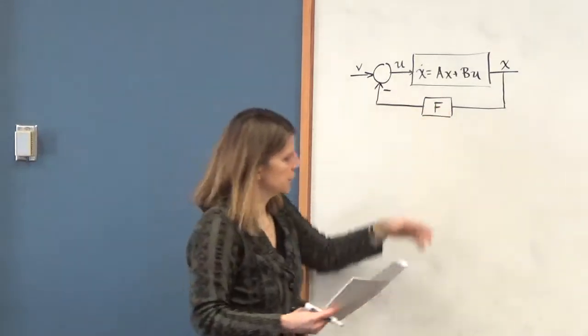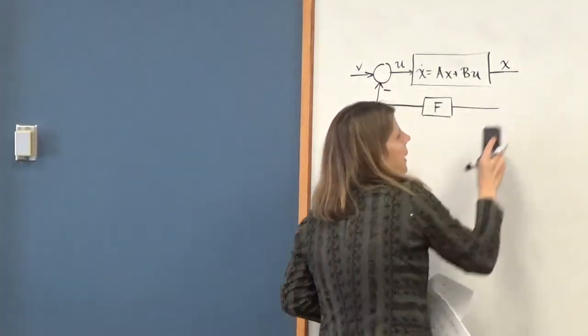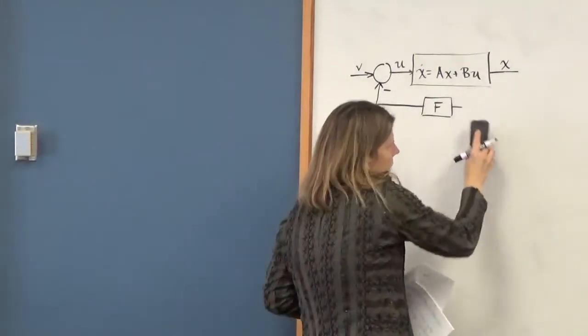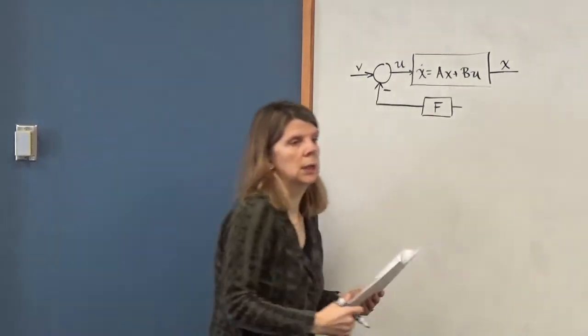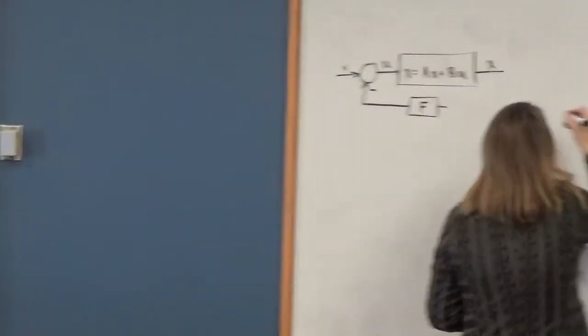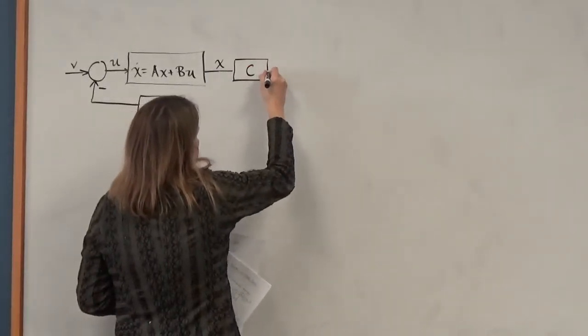But the problem is we typically can't measure the state. We'd like to, but we can't. And maybe we wouldn't even like to, because if the state is huge, that's a lot of potentially wasted sensors. What we do typically measure is the output.